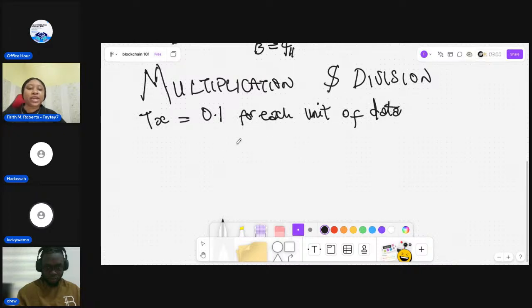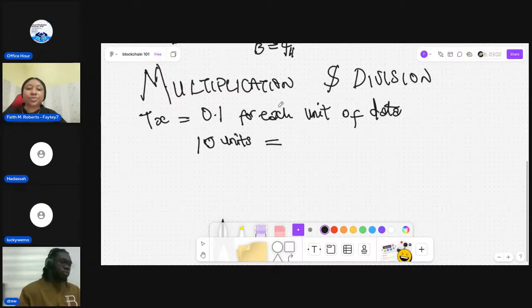So if we have 10 units of data, how much is going to be used up? If 0.1 is used for each, how much is going to be used up for 10 units of data? So we are looking for this value.